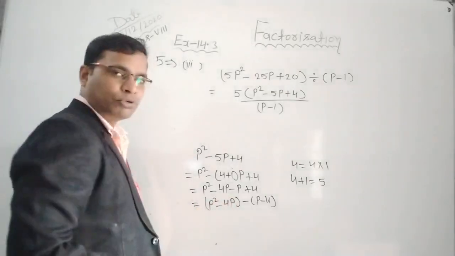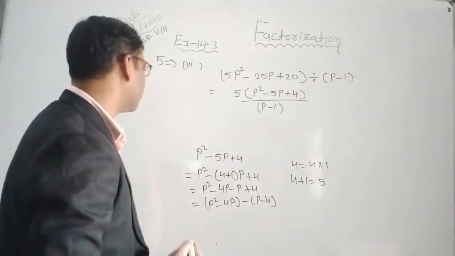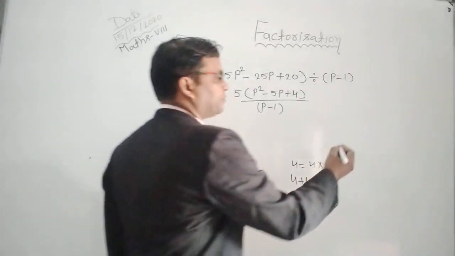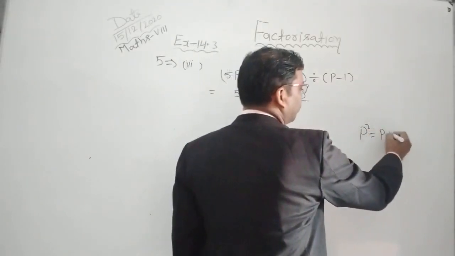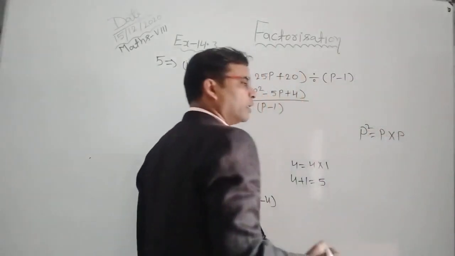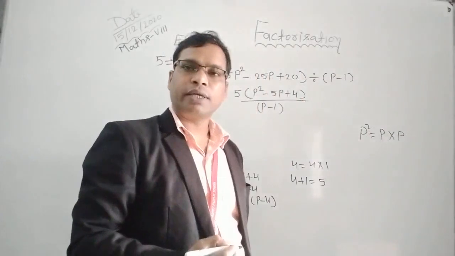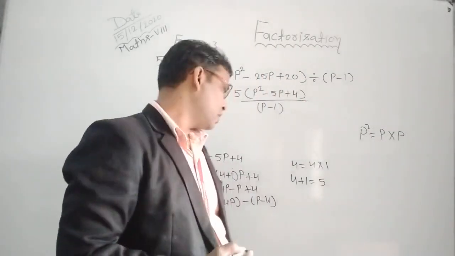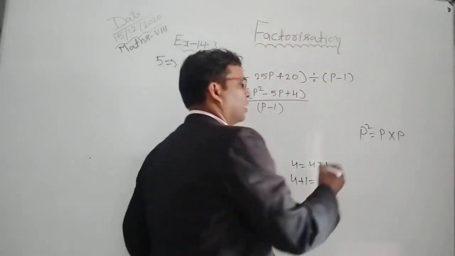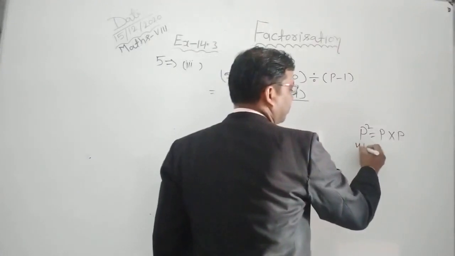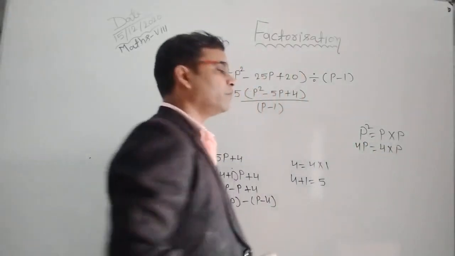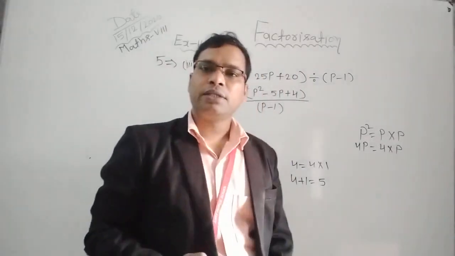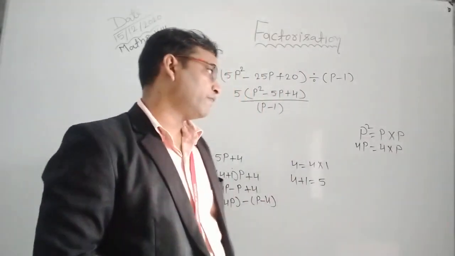In p square minus 4p, you can write p square as p into p, so we express p square as a product of irreducible factors, and 4p is equal to 4 into p.